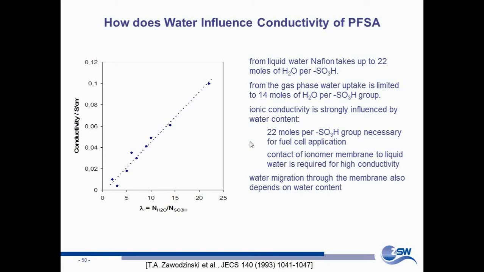The situation where you want to be is of the order of 22 moles of water per sulfonic acid group, and that means that you, as a fuel cell operator, have to make sure that the electrolyte part is very close to that degree of hydration, without simultaneously clogging all the porous structures in the fuel cell. So you have to keep the fuel cell somewhere in between drowning and drying, at the edge.